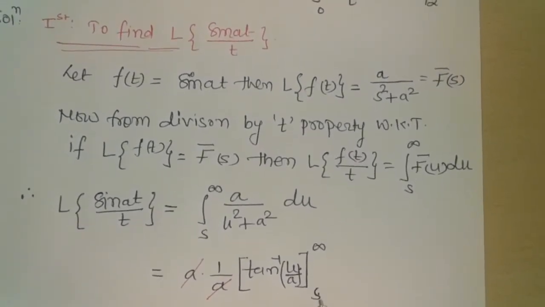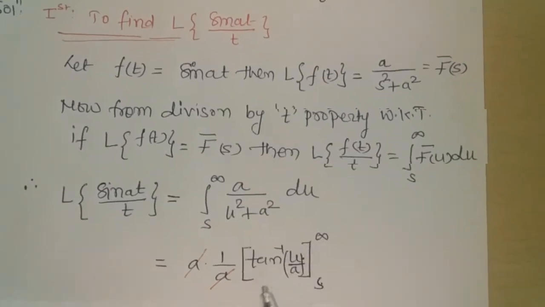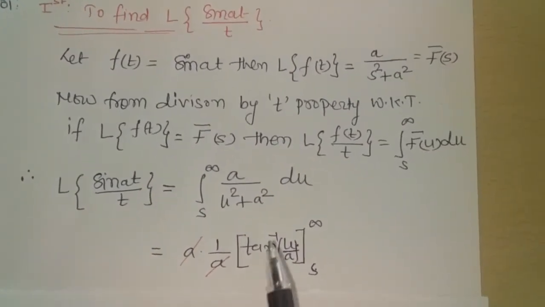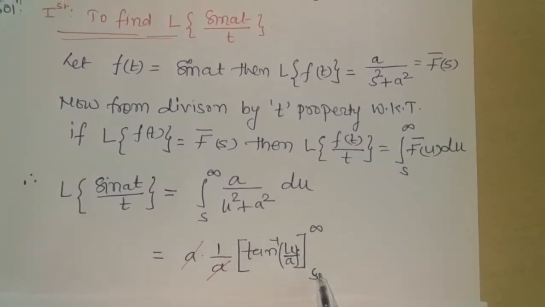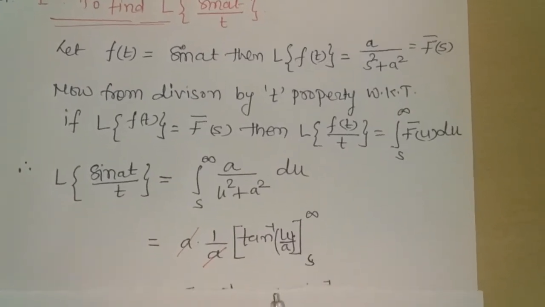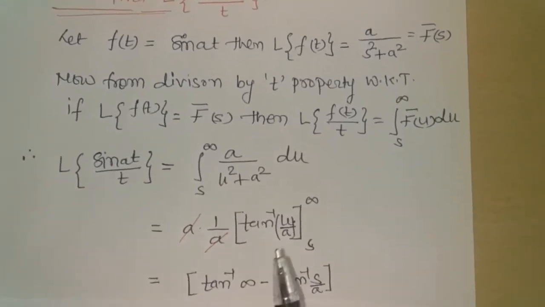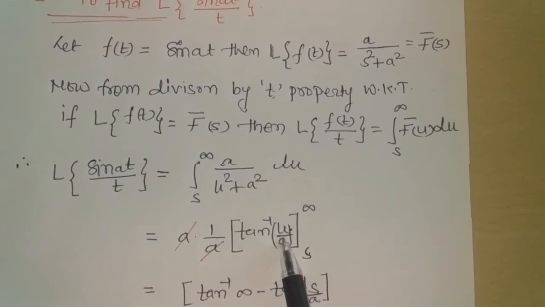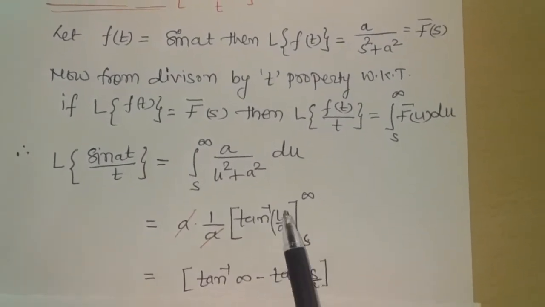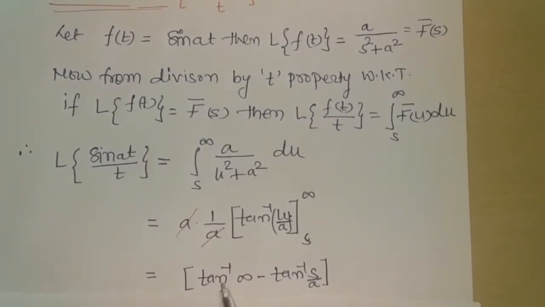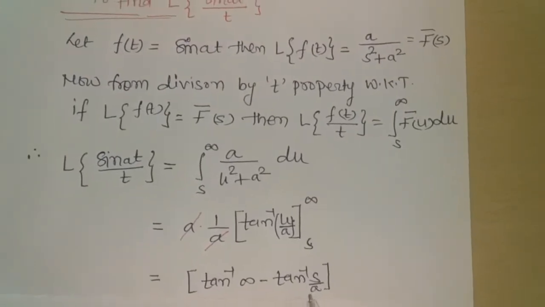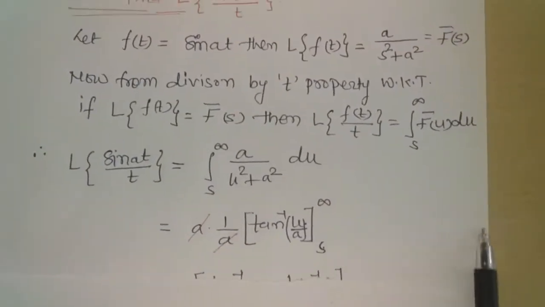The limit of integration is s to infinity. Here a and a cancel. Now we put the upper and lower limits in place of u. The upper limit gives tan inverse infinity and the lower limit gives tan inverse s by a. So we get tan inverse infinity minus tan inverse s by a.